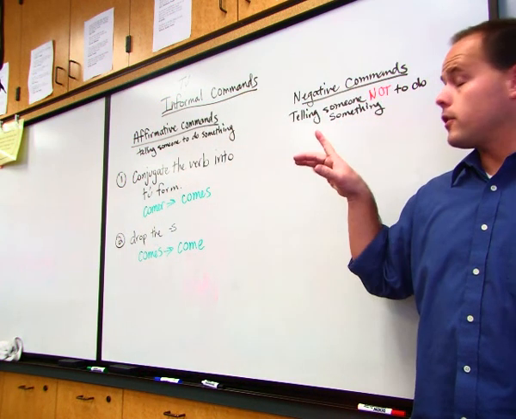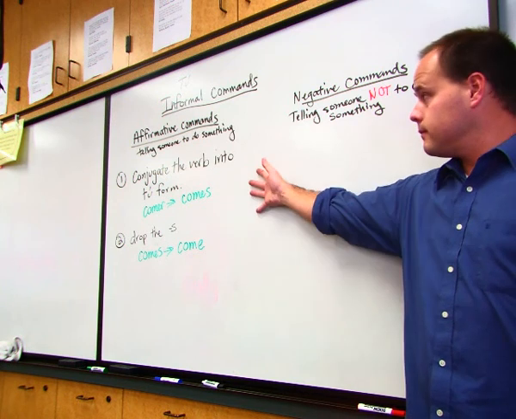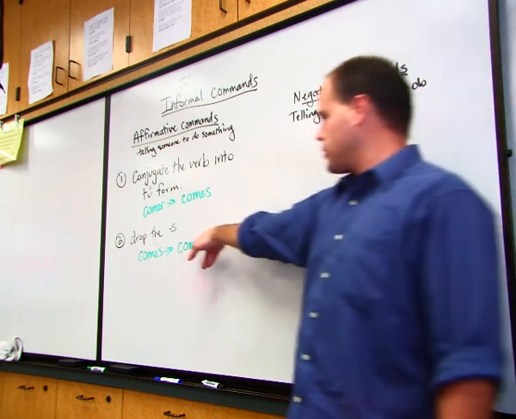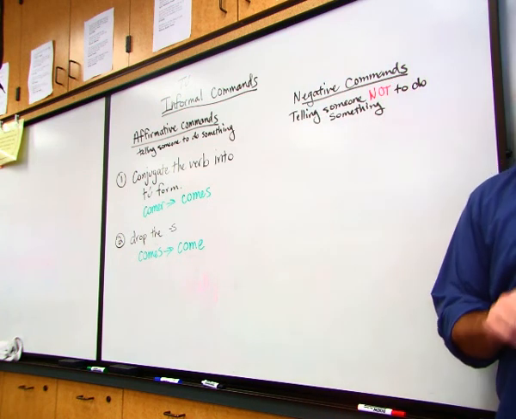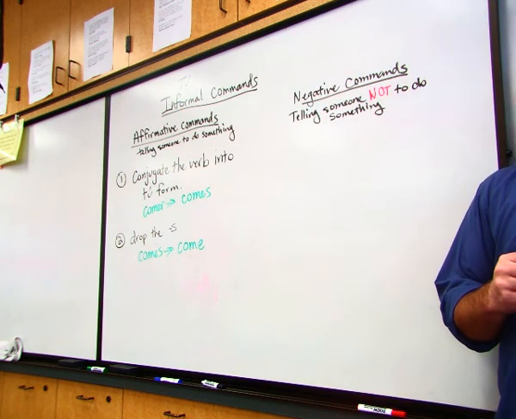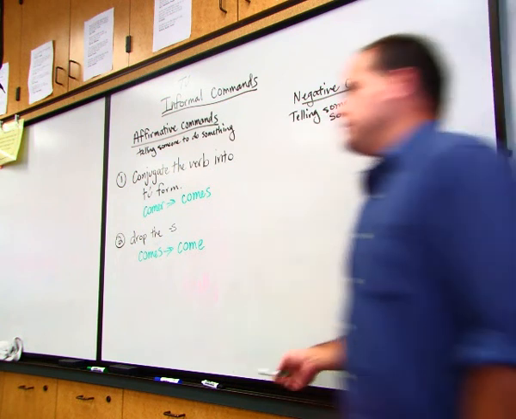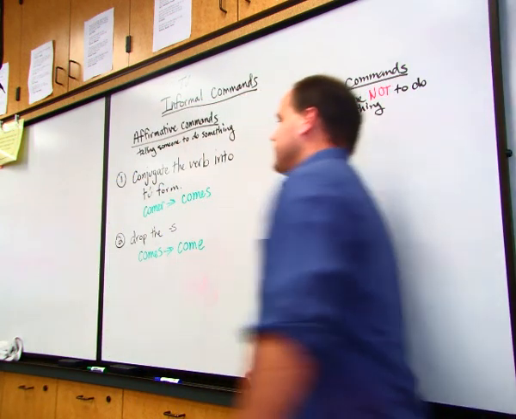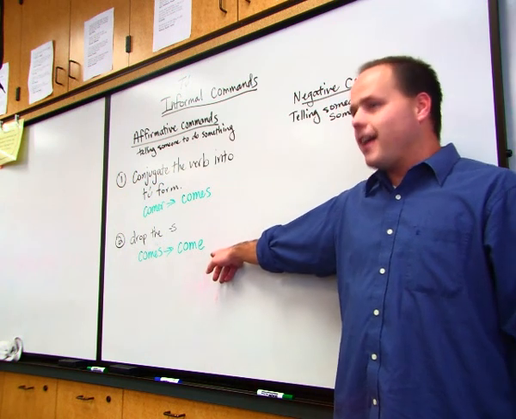Now, take a look. There is a shortcut, as if this wasn't short enough. Take a look at the result. The word come. Which conjugation is that? It's the he, she, usted form.